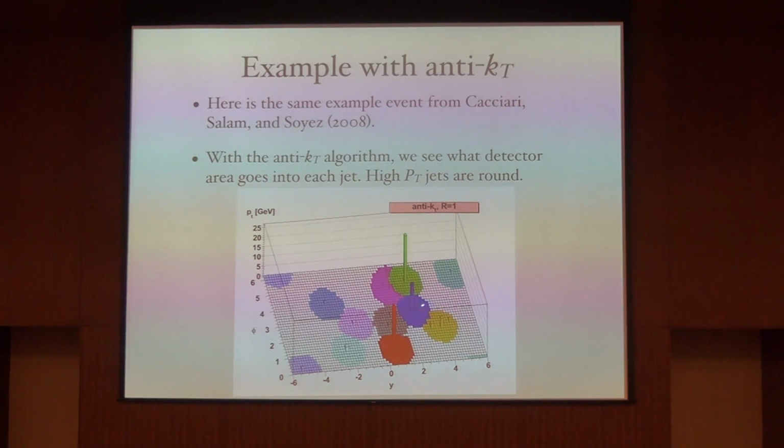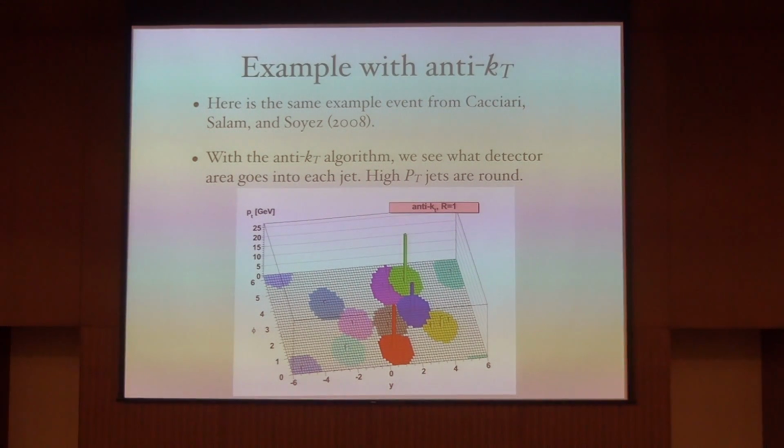So it picks up everything in this nice green thing, and that's a circle. And this red one is the next highest pT thing, and it picks up a circular region around it. The green one picked up everything inside of a circle in eta-phi space, at the cost of the purple jet, which now lost a big chunk of it.